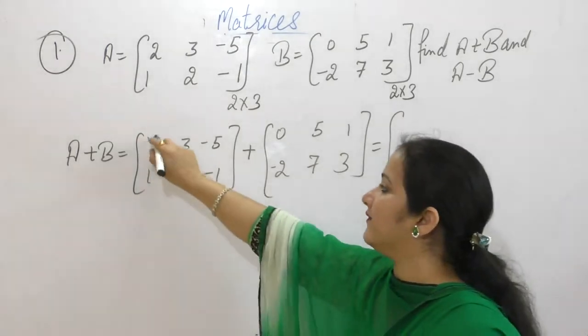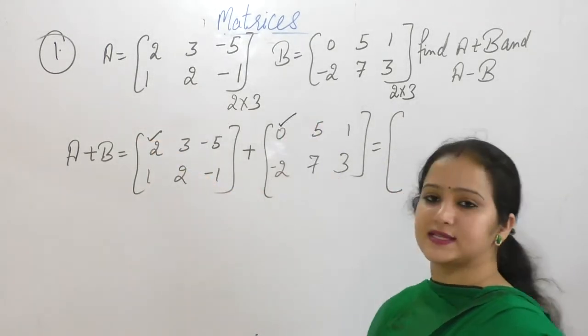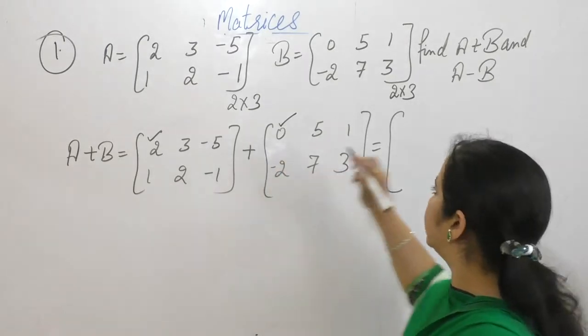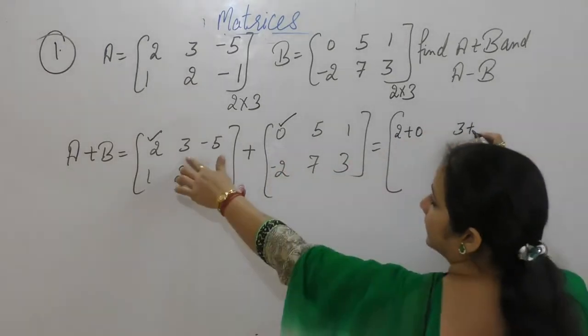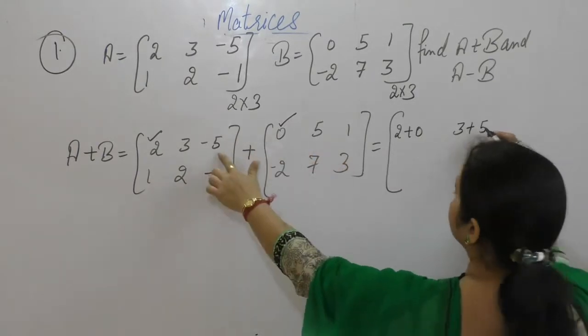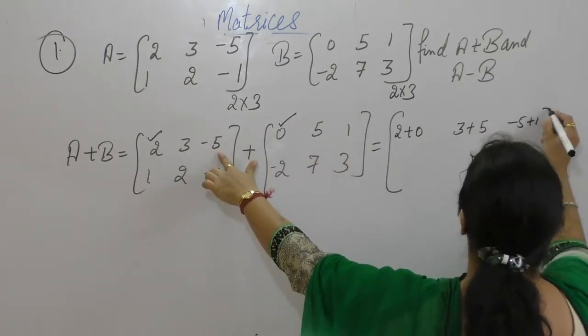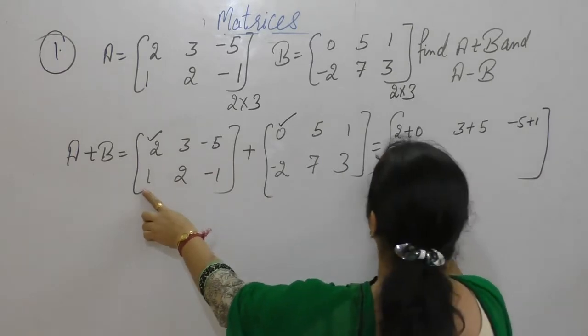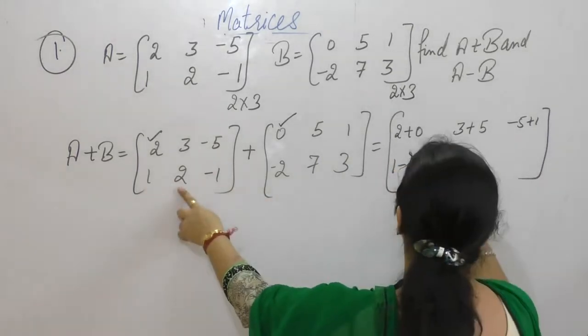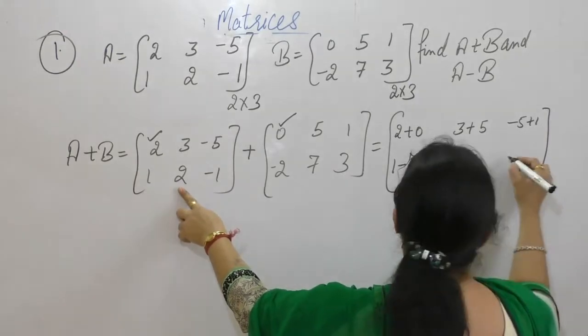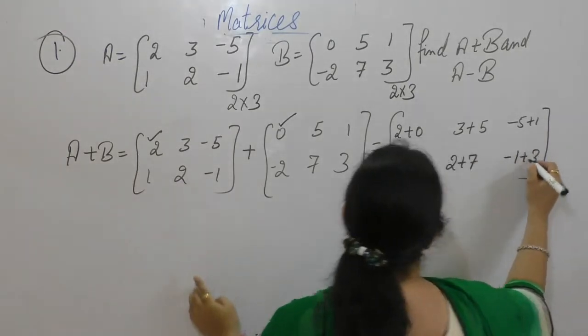So 2 plus 0, 3 plus 5, minus 5 plus 1, 1 plus minus 2, 2 plus 7, and minus 1 plus 3.